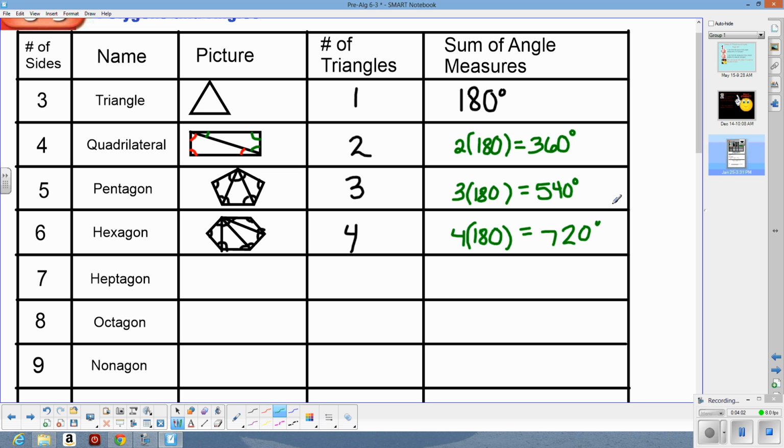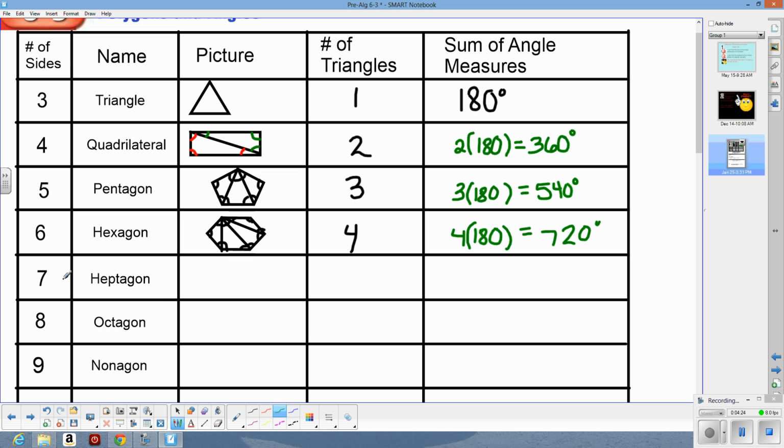Now, without filling in the rest of this chart, can you see a relationship between the number of sides on the figure and how many triangles it makes? A 3-sided figure makes 1 triangle, a 4-sided polygon makes 2, 5-sided makes 3, and a 6-sided makes 4.